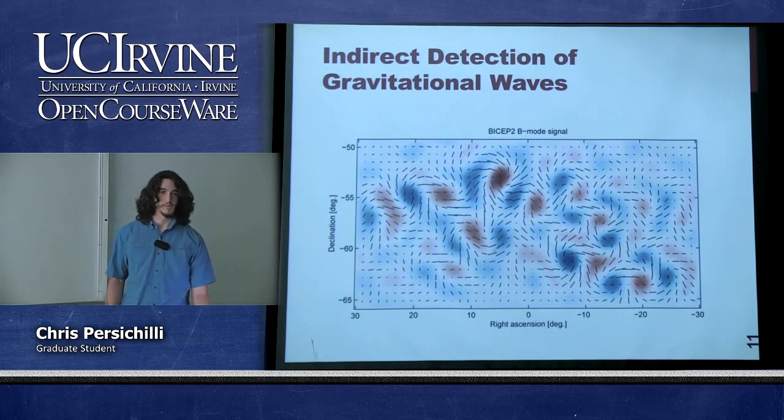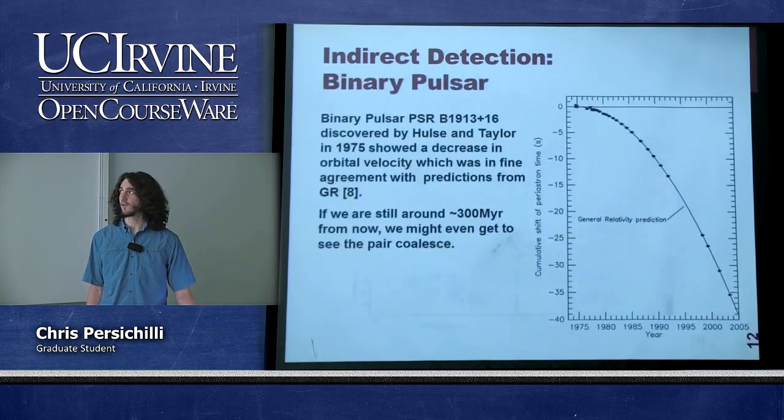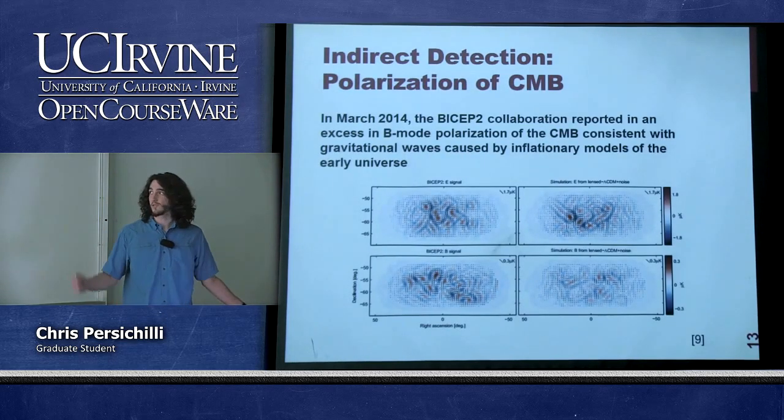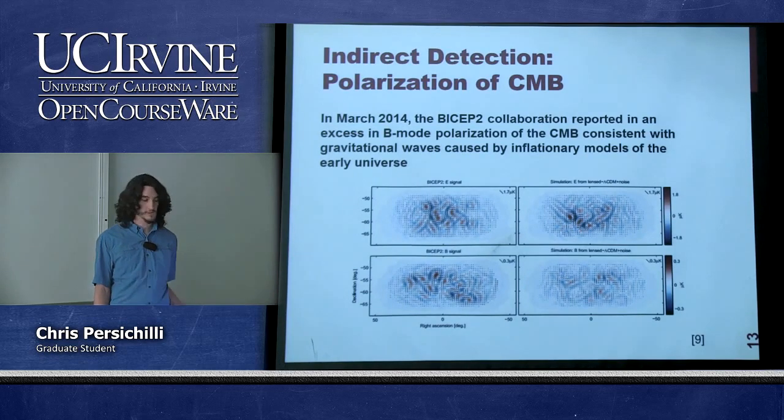So that was their discovery that they have an indirect detection of gravitational waves, through the cosmic microwave background. And such large amplitude primordial gravitational waves are associated with inflationary theories about the early universe. So this is also seen as sort of evidence for inflationary theories as well.